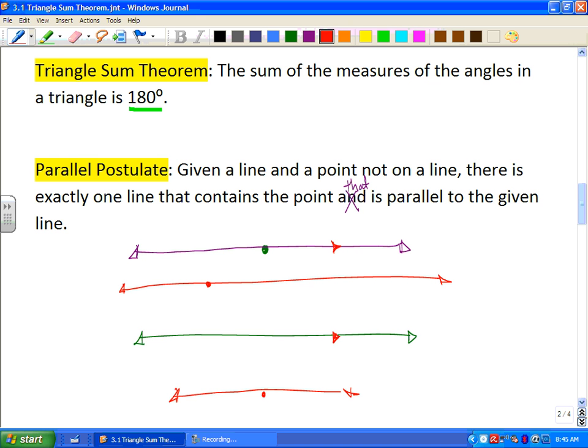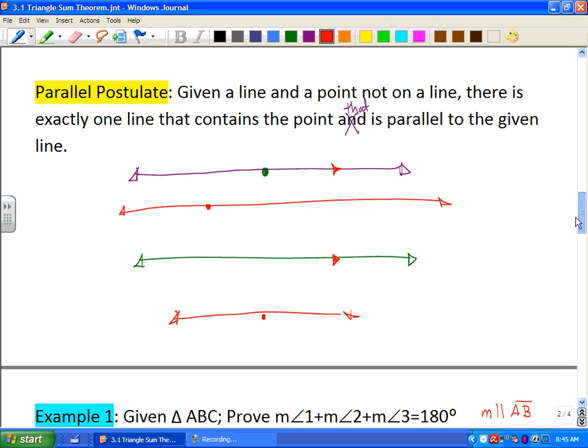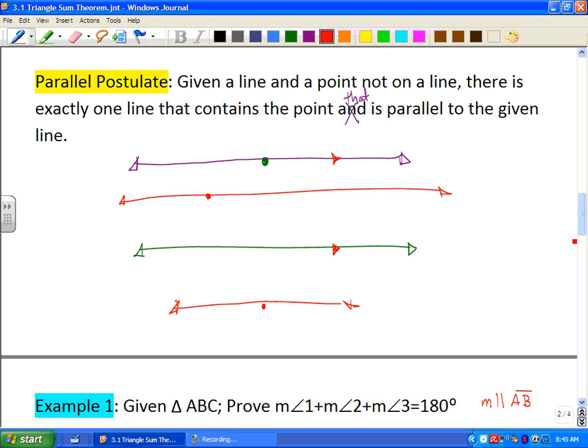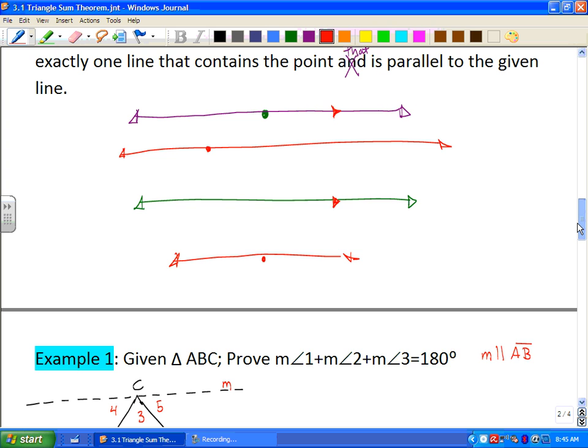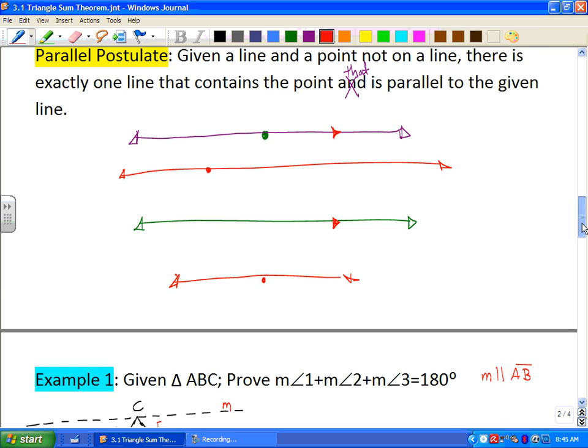The thing is there's only one line that will go through that one point that's parallel to the given line. Does everybody have the parallel line postulate?